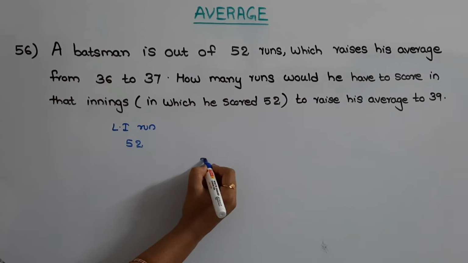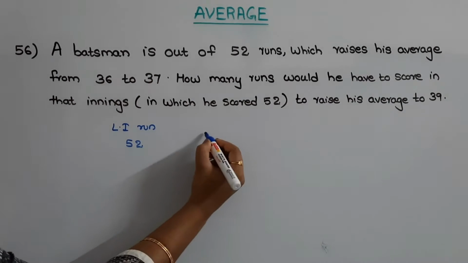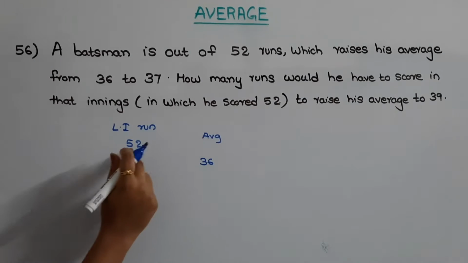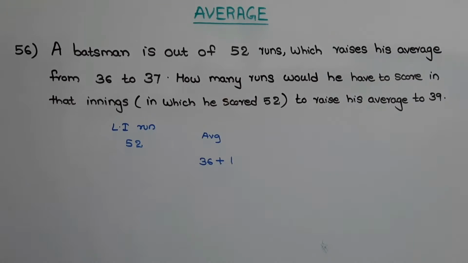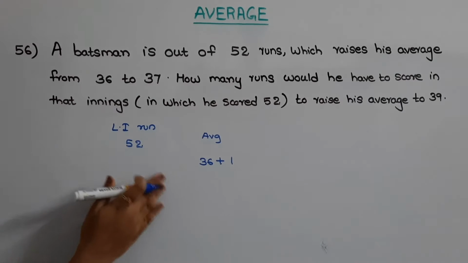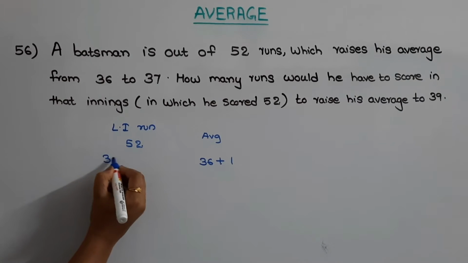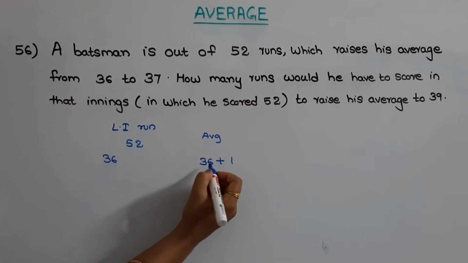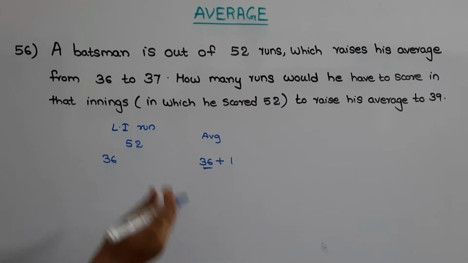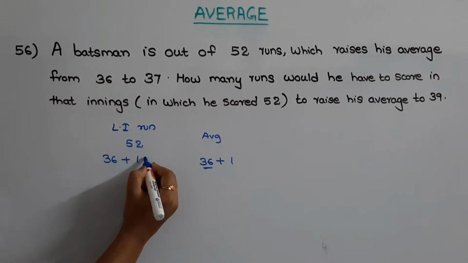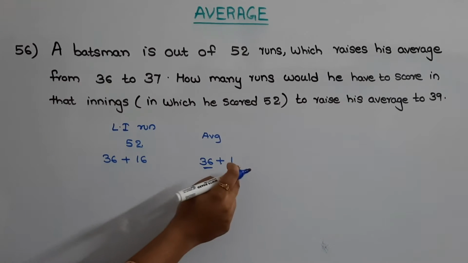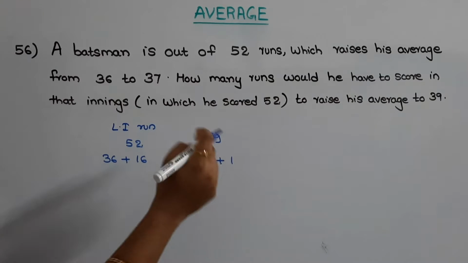So in the second last innings his average was 36. But since he scored 52 runs in the last innings, his average had increased by 1. Okay. See, if he had scored 36 runs itself in the last innings, then his average would have been 36. But he had scored 52 runs, which means he had scored some 16 runs extra, because of which the average had increased by 1.